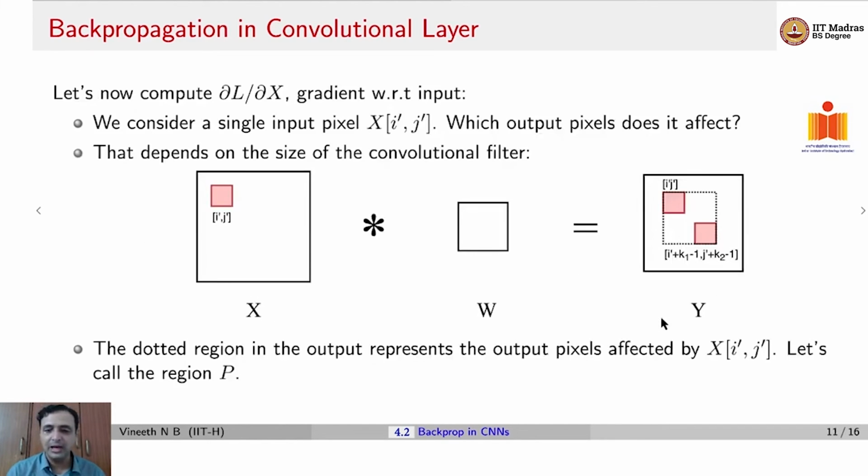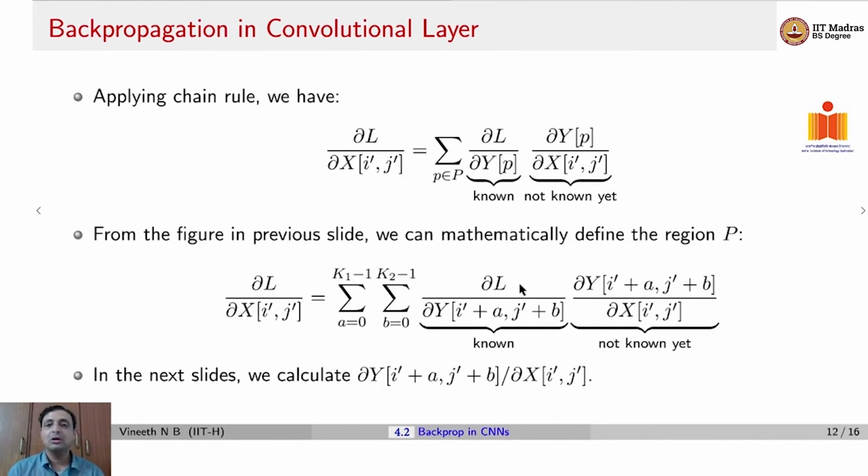Rather, if we see the previous slide, we are taking each pixel here and adding them all up, saying that we want the gradient of a particular pixel in this region P with respect to this pixel in x. That's what we are writing in this summation. The left quantity here is known because we assume that all the ∂y's are known until that time.